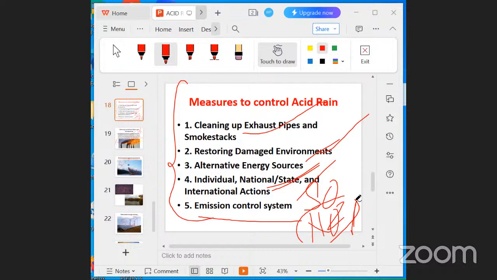So we can reduce dependence on fossil fuels, or we can switch over to alternative sources such as solar energy, which will help us save our environment. Okay. So what are the emission control systems for prevention of acid rain?